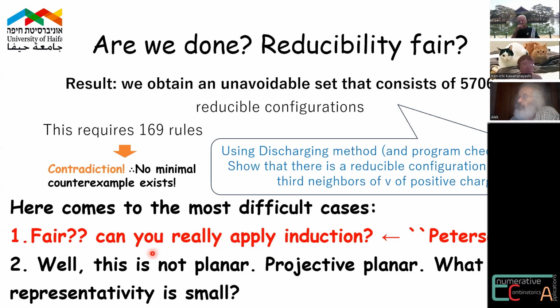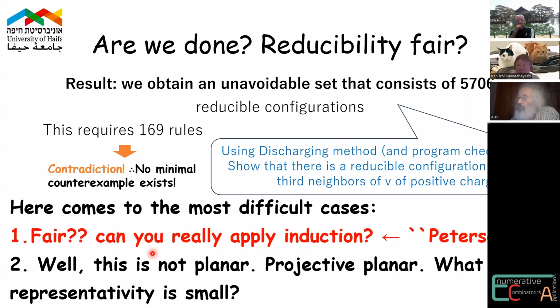So for a reducible configuration, once you make a reduction, you have to get the 3H coloring. That's a condition by induction. And in the Four Color Theorem case, that's always the case. I'm going to tell you why.